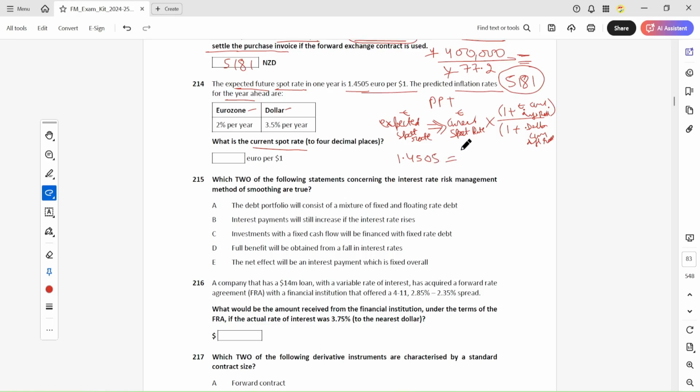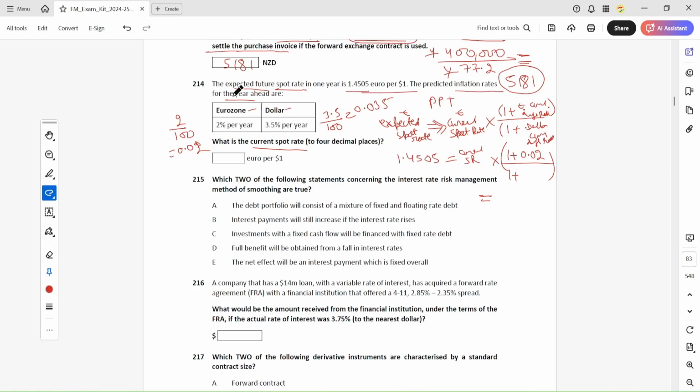We have to calculate the current spot rate multiplied by 1 plus 2 divided by 100, which is 0.02, and 3.5 divided by 100, which is 0.035.